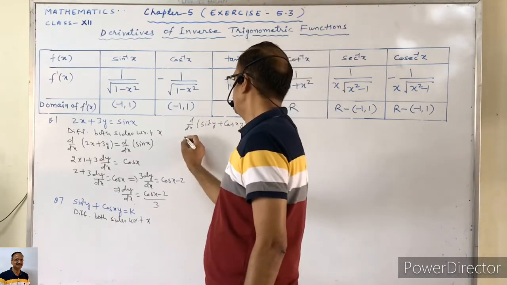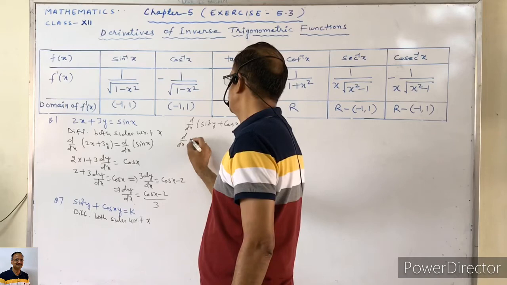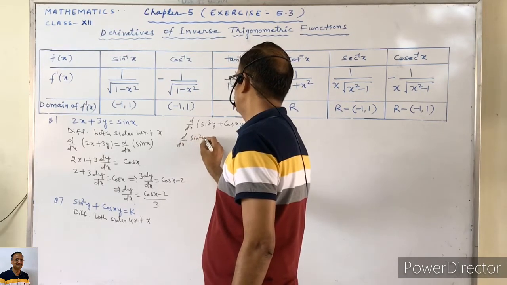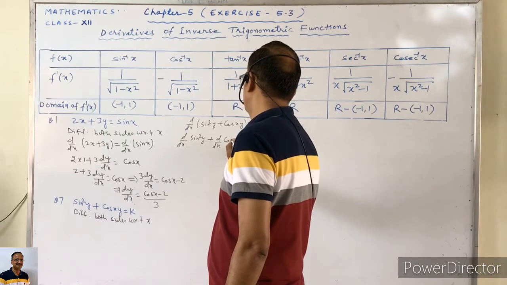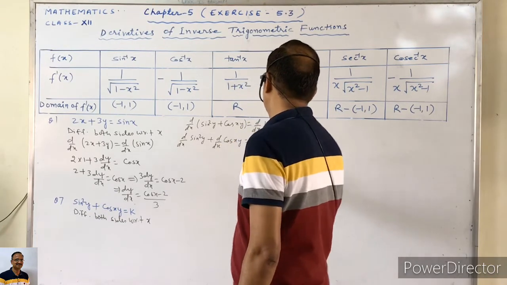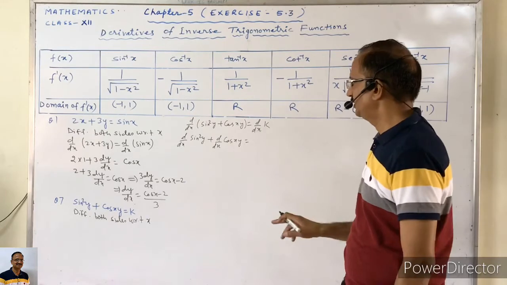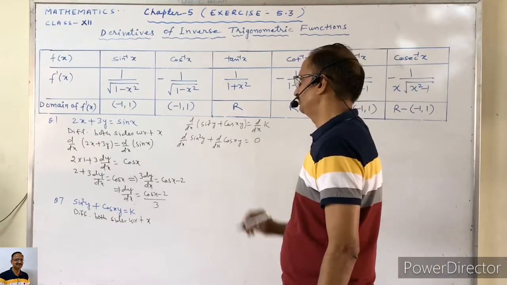Now this can be written as d by dx of sin square y and d by dx of cos xy. This is constant, so its derivative is 0.